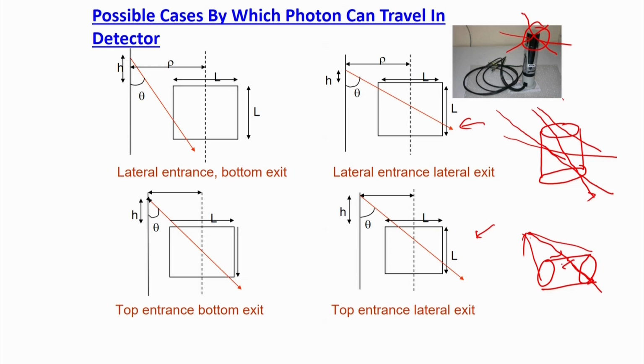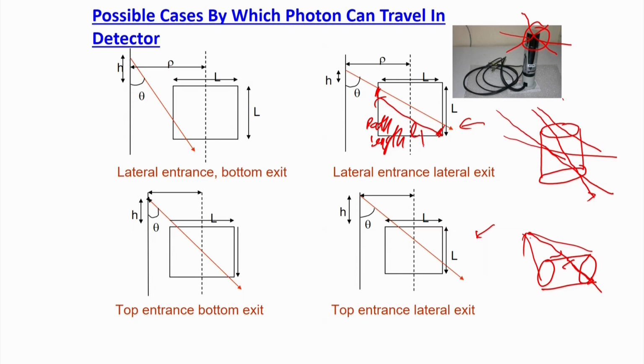How much of the path length will be available for the photons to get absorbed? Say this is L1.